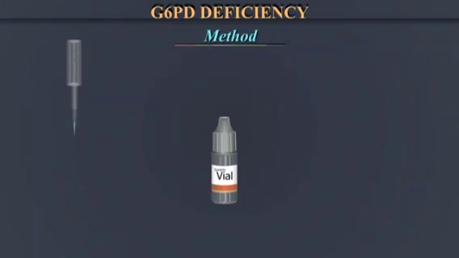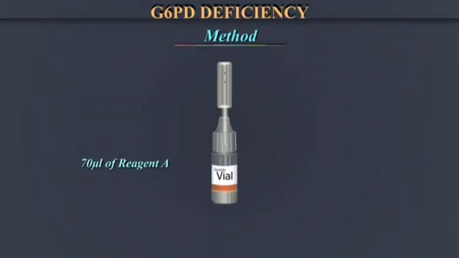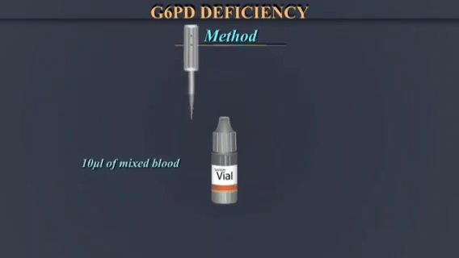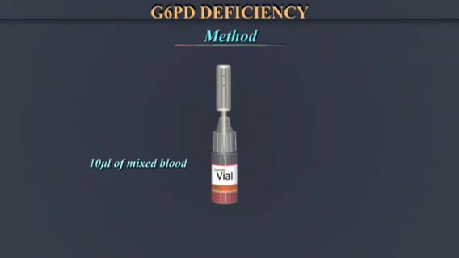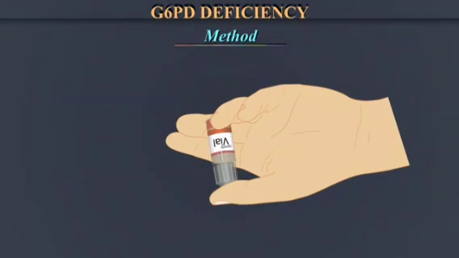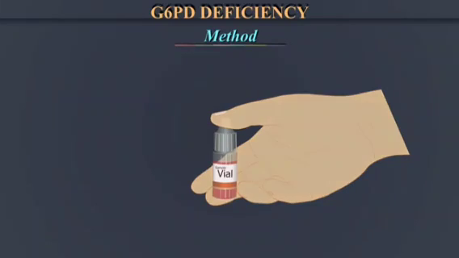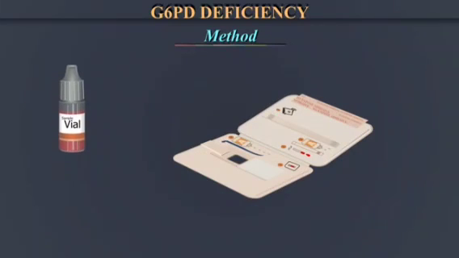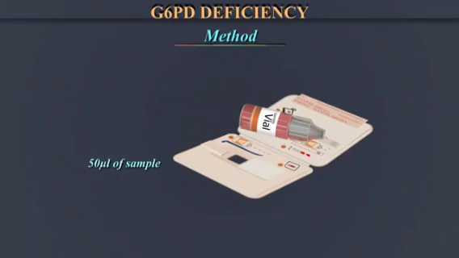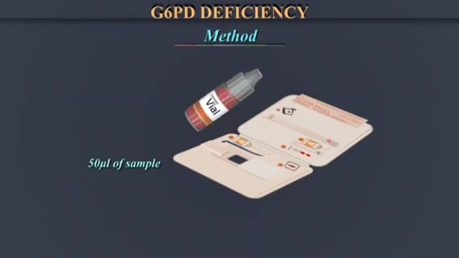The method. Step 1. Add 70 microliters of reagent A to the sample preparation vial. Step 2. Transfer 10 microliters of mixed blood to the sample preparation vial. Step 3. Mix the blood sample with reagent A. Step 4. Slowly add 50 microliters of sample to the middle of the white pad.